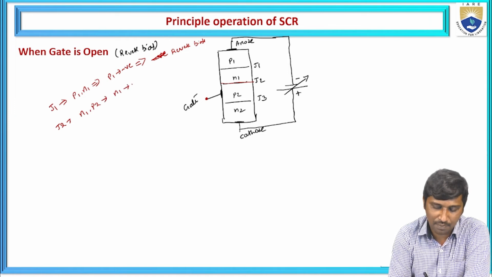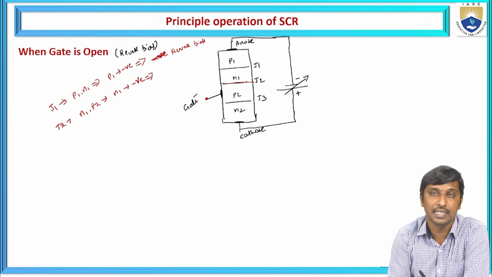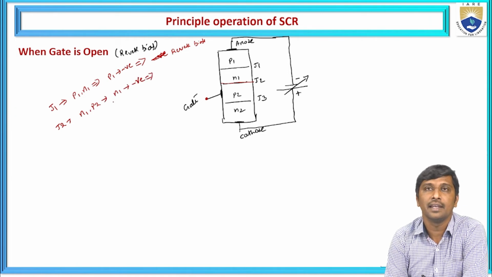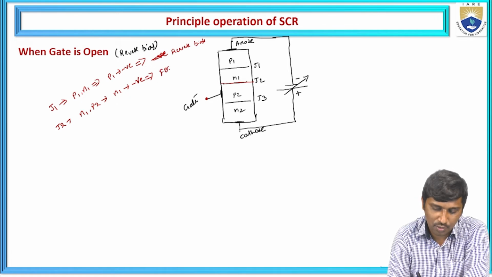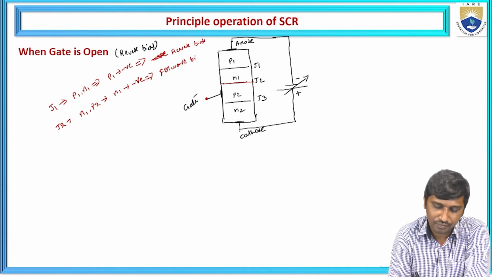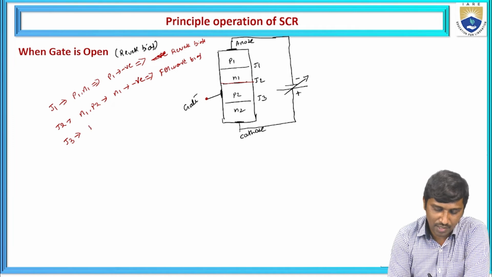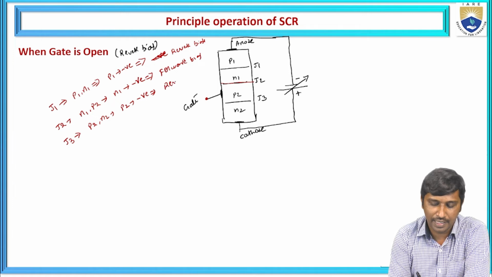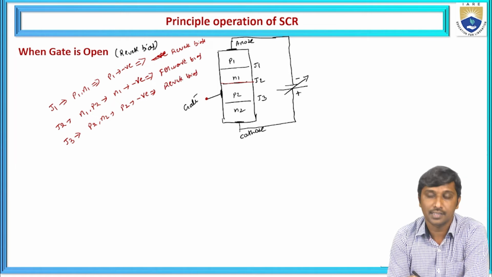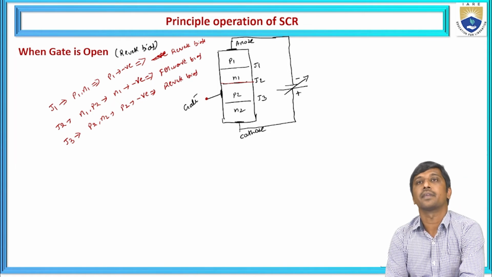For N1, we are applying the negative voltage. For an N-type material, a negative voltage means forward bias. Hence, J2 is forward biased. For J3, the formation of P2 and N2, we apply negative voltage to P2. Hence, J3 also acts as a reverse bias.